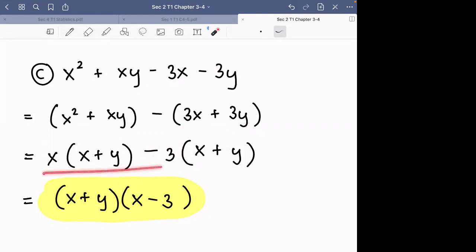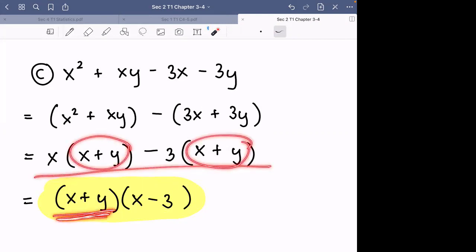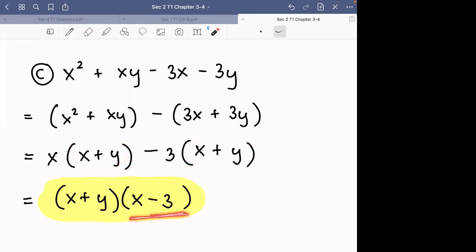The next step is to look at the whole expression. What's common in the whole expression? Obviously, it's x plus y. So that is your first factor. And what do we write in the second one? It's simply x minus 3. We just write what's left. Because we have written x plus y, what's left is x minus 3. And take note, be careful with your signs.